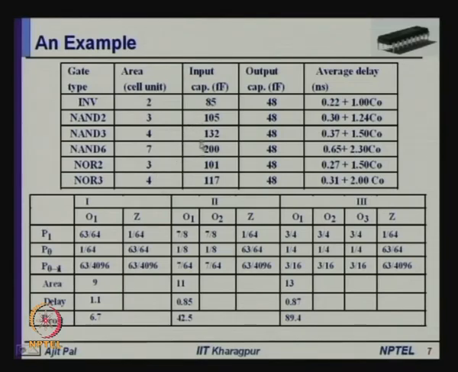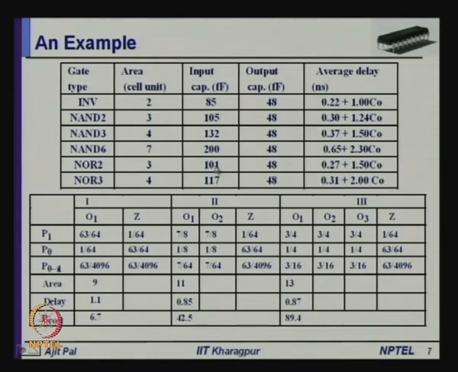So, the input capacitance, as you know, is dependent on the fan in. For inverter the input capacitance is 85 femtofarad, for 2 input NAND gate it is 105 femtofarad, for 3 input NAND gate it is 132 femtofarad, for 6 input NAND gate it is 200 femtofarad, and for NOR gate you can see it will be very close to the 2 input NAND gate.